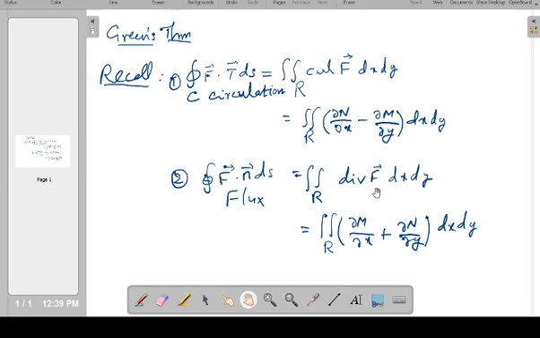Recall what is divergence? Divergence is dou M by dou x plus dou N by dou y. So circulation and curl are related. Similarly, flux and divergence are related. This is what Green's theorem is. We will see an example of how to evaluate certain line integrals easily using Green's theorem.